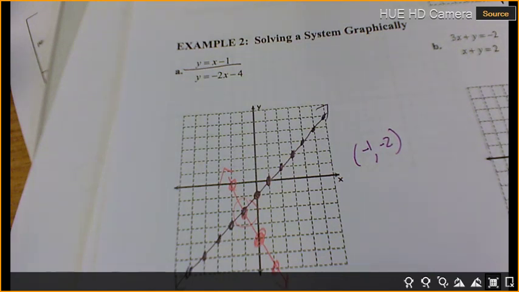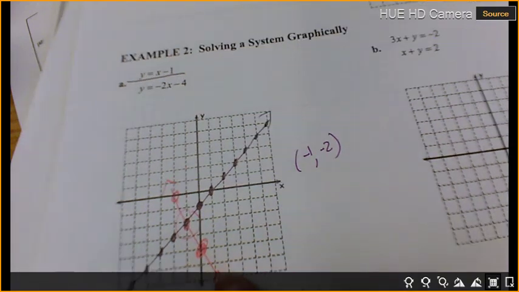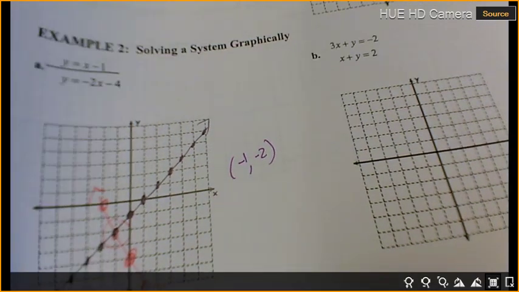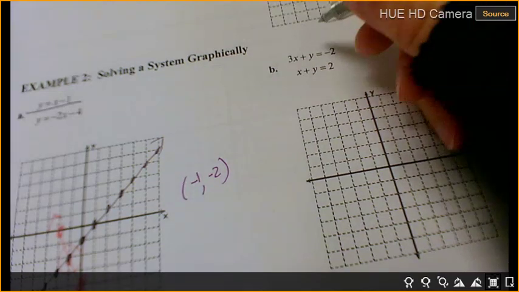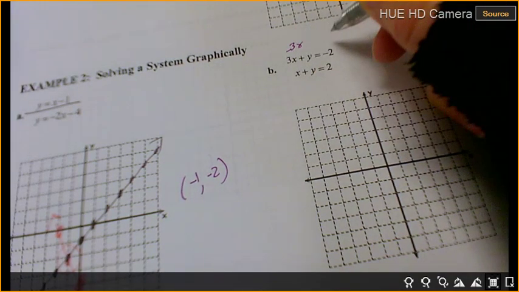Now I'm going to tell you this right now. This does not work unless you put it into slope-intercept form, so you need it into y equals. I'm going to graph the next couple by hand, and then we'll graph them on the graphing calculator. I'm going to subtract 3x from both sides.